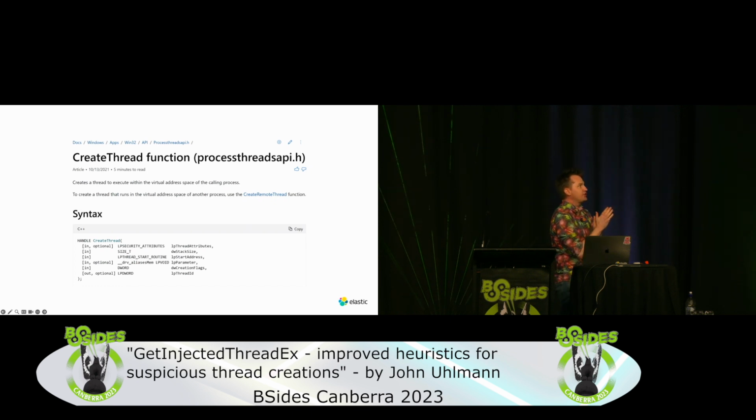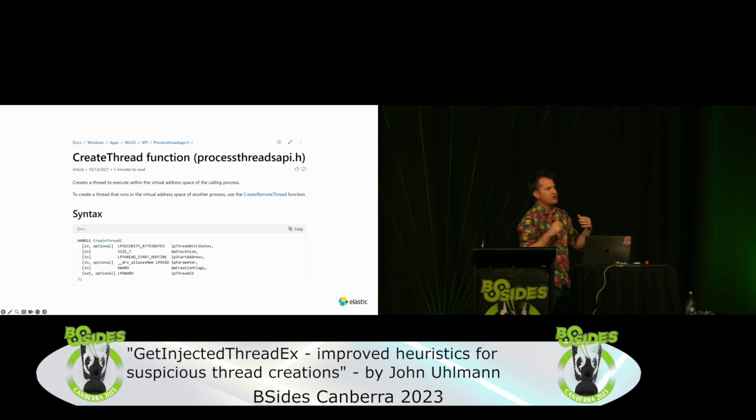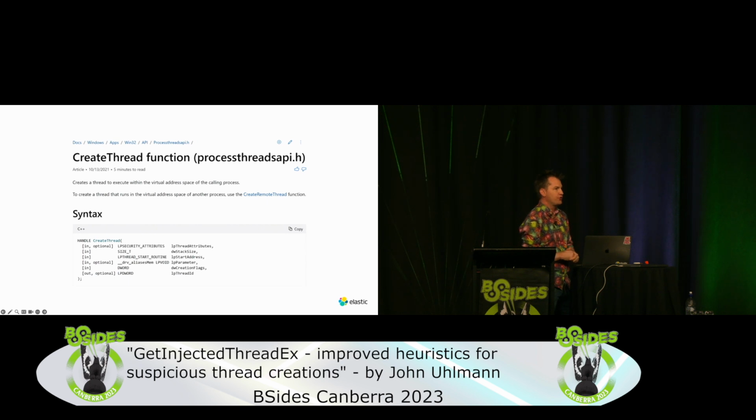So how does a bit of Win32 programming, Win32 being Microsoft's lowest level supported API layer, fit in? The CreateThread API is the thing that you use in Windows to say, hey, I want a new thread because I need to do some good stuff. And it takes two things.